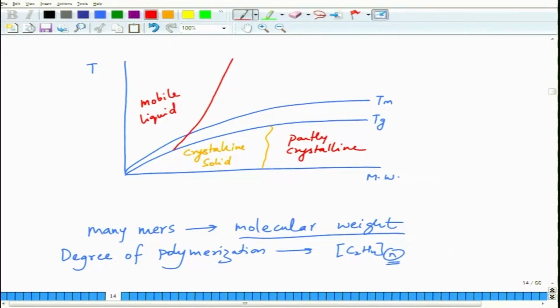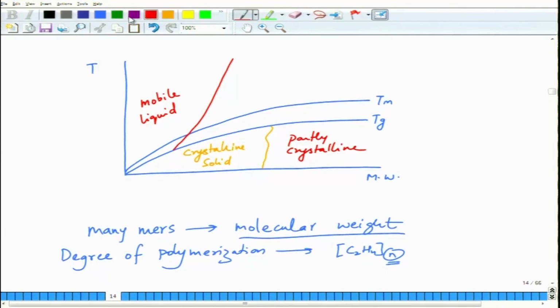So, it is partly crystalline. The crystallinity tends to decrease as the molecular weight increases, and at higher temperature it tends to convert into a liquid. So, for lower molecular weights, conversion from crystalline to mobile liquid happens at lower temperatures.